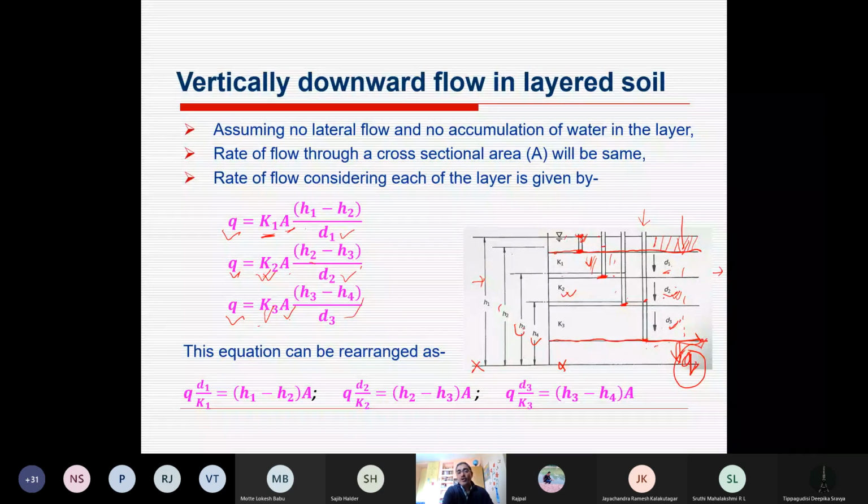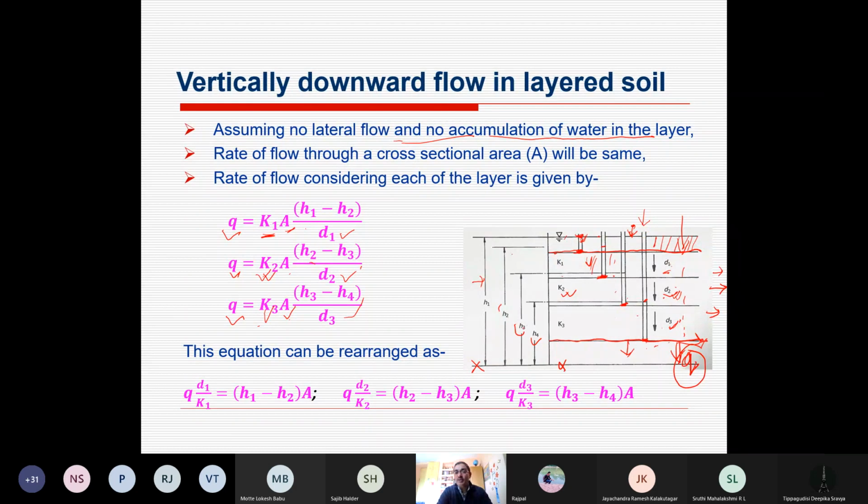So we are assuming no lateral flow and no accumulation of water in the layer. In this particular case we are assuming that there is no movement of water in the lateral direction and there is no accumulation. Once it is saturated, it's saturated. Addition of any drop of water will pass on from the bottom.